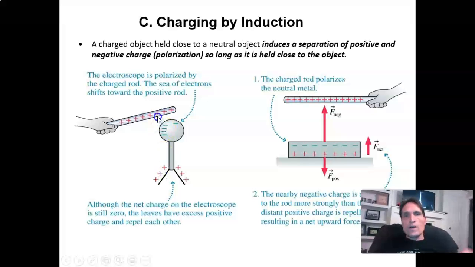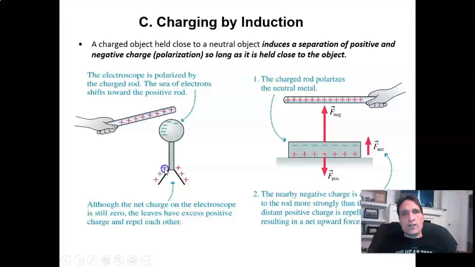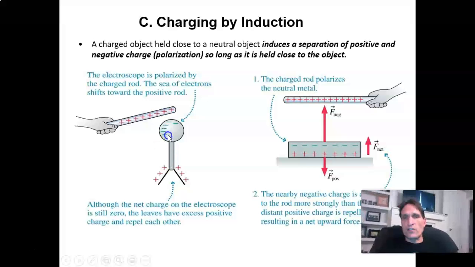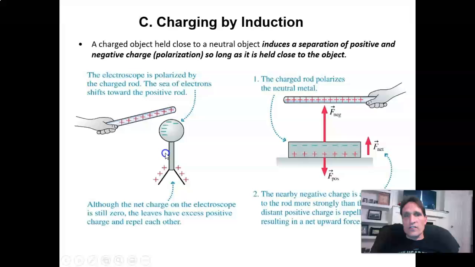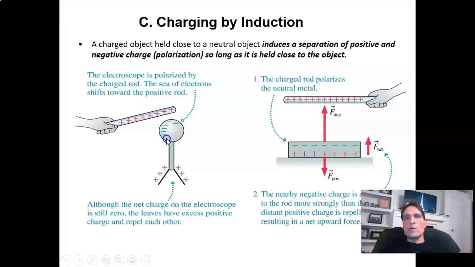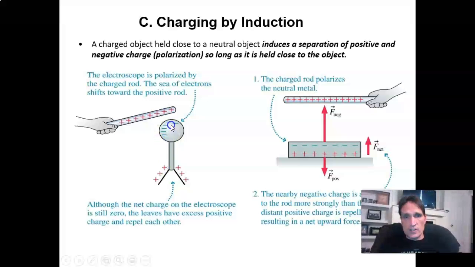So as we hold this rod right next to the metal, we temporarily separate the charge. The positive charge is repelled, the negative charge is attracted. And the charge tends to shift by just a little bit. It can't shift too much because this positive charge will also attract the negative charge. And so you get an equilibrium condition in which the negative charge has shifted slightly toward the positively charged rod.